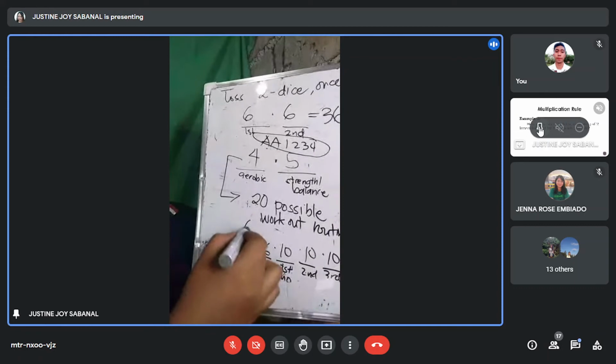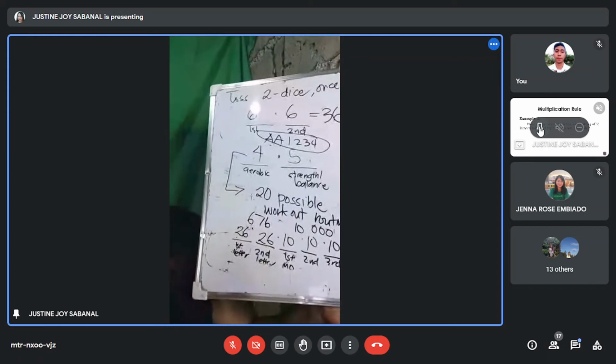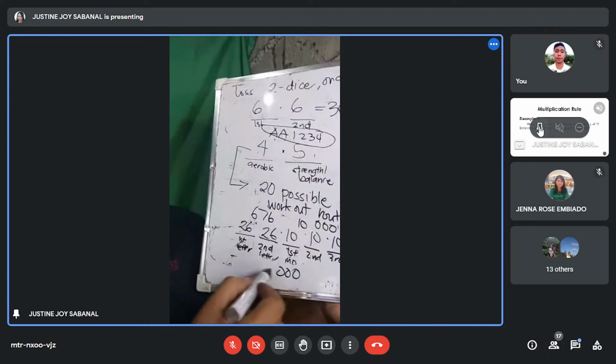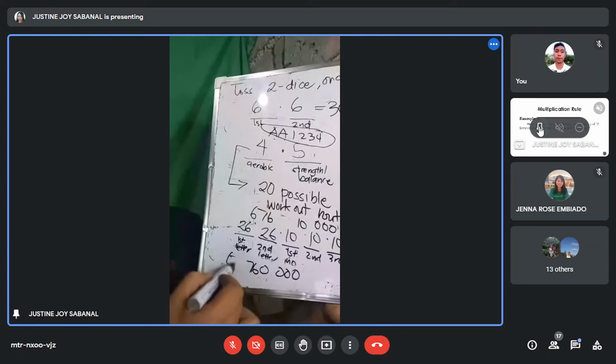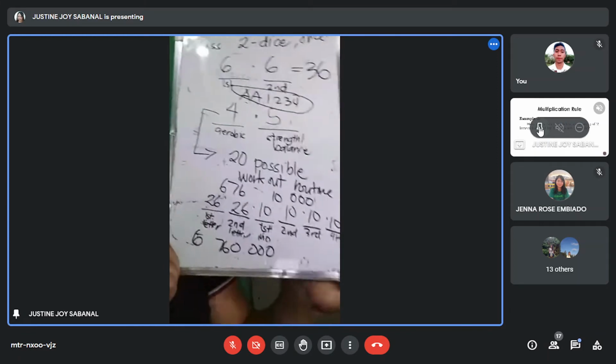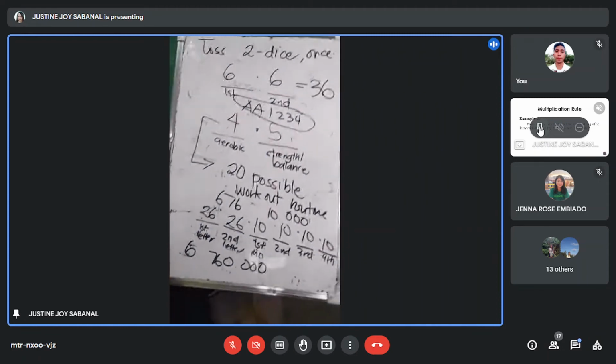So, ito ay 676 tapos 10,000. So, we have 6,760,000 license plate po. So, ganyan siya karami.